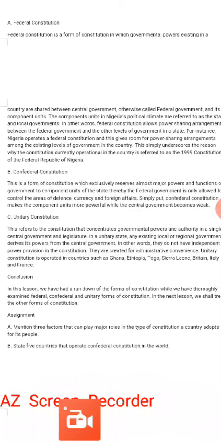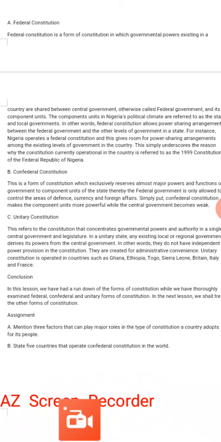In other words, Confederal Constitution gives a larger proportion of powers to the component units, thereby leaving the federal or the central government with some functions in the following areas: defense, currency, and foreign affairs.